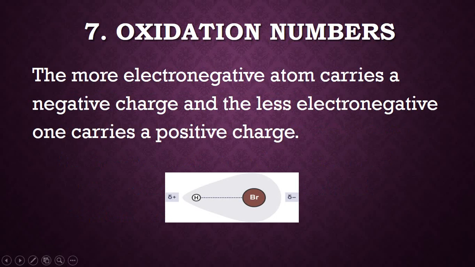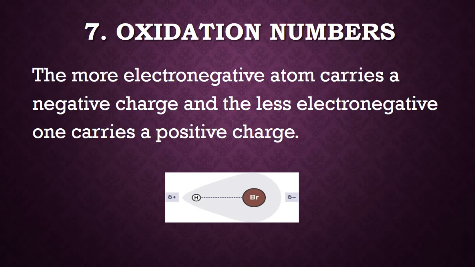So we say that the more electronegative atom in a covalent compound carries a negative charge, while the less electronegative atom carries a positive charge. We already know that in polar covalent compounds, the more electronegative atom carries a partial negative charge, while the less electronegative atom carries a partial positive charge.